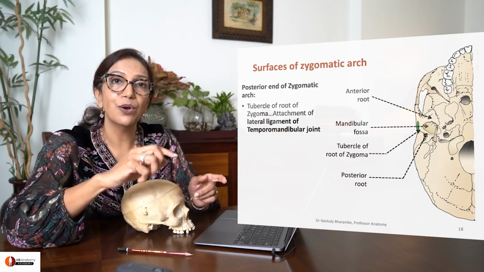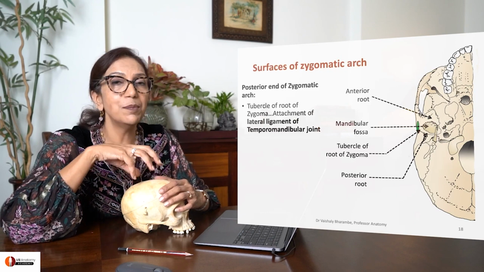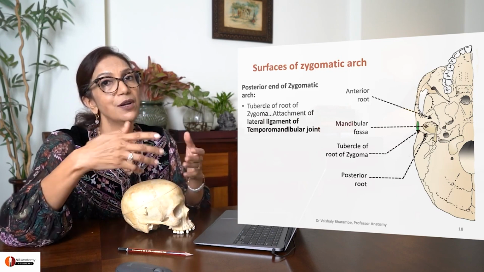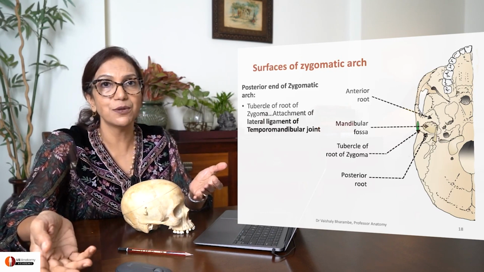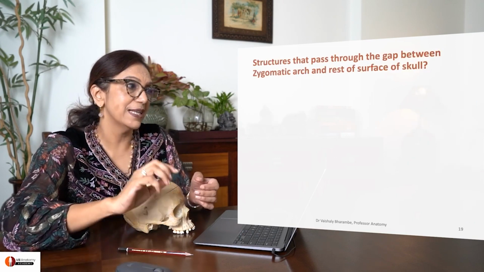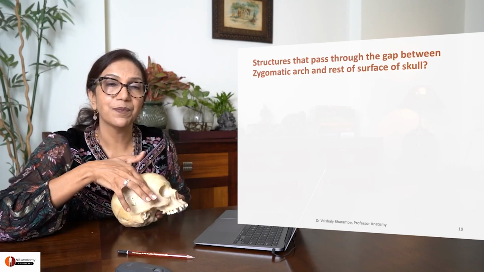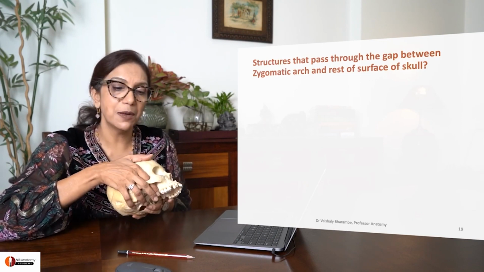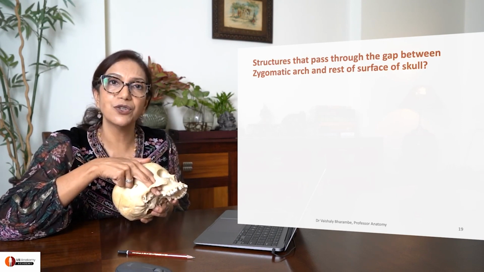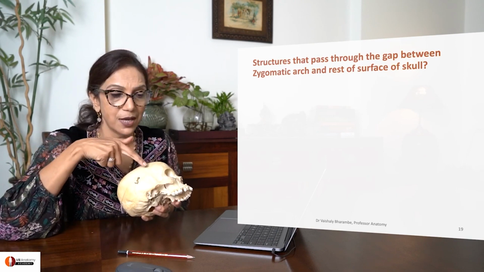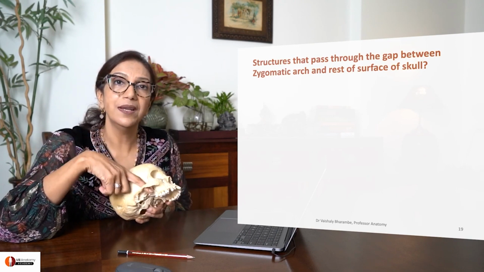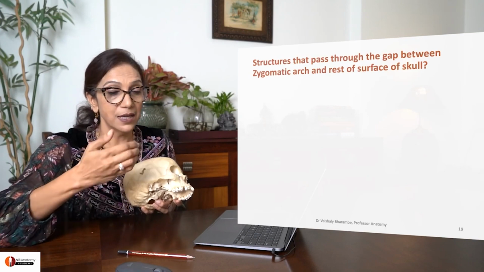This is how osteology builds up a framework for understanding the rest of anatomy. Okay, fine. Let's take it forward. Structures that pass through this gap. What are the structures that will pass through this gap deep to the arch? You already know one structure, a muscle descending down called temporalis. Very nice.